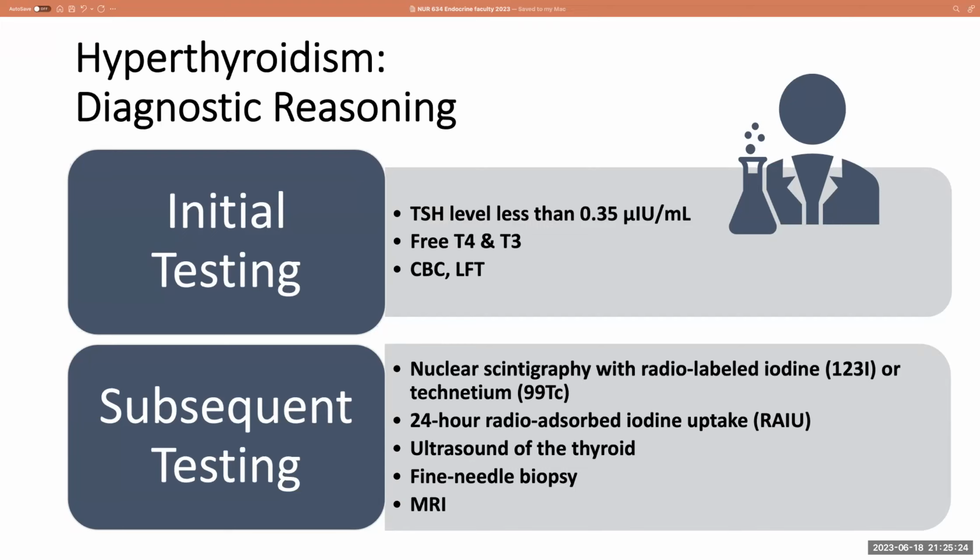Other testing that might need to be done are things like a nuclear scan. They do this with radiolabeled iodine. This helps in assessing the function of the thyroid gland. They look at a 24-hour radioactive iodine uptake, which identifies areas of increased and decreased thyroid function.